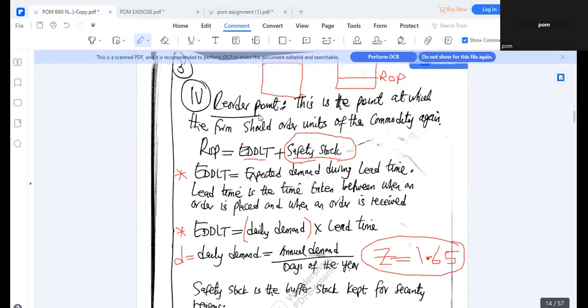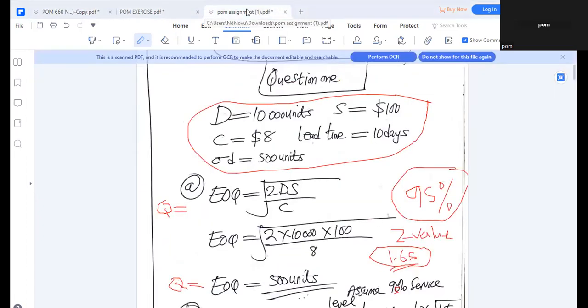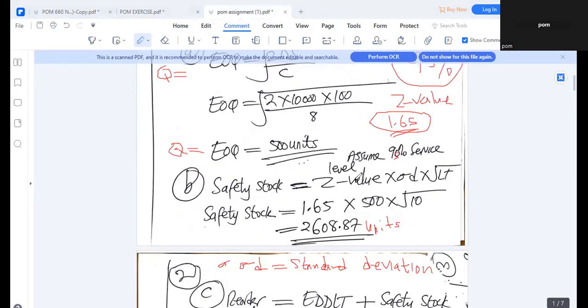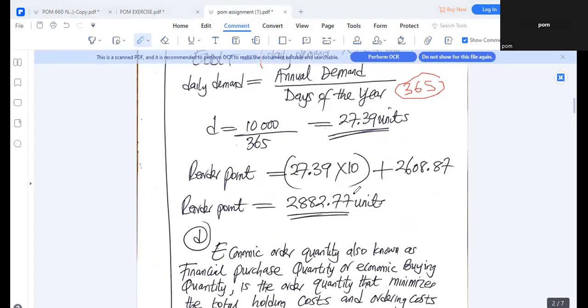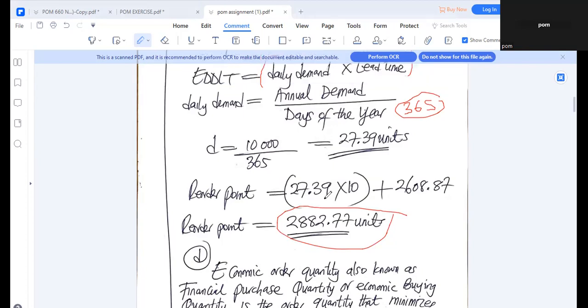So this is why we are getting down to the solution here, where we now get our order point as 2882.77 units. So this is our reorder point. All right. So these figures may look a little bit huge, and the economic order quantity too.